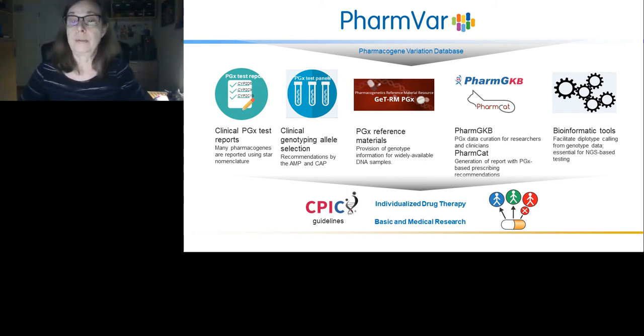And then, of course, the nomenclature is also used by bioinformatic tools to develop algorithms that can call these star alleles from testing materials. And all this together is, of course, instrumental to eventually inform CPIC guidelines. And as you will see, they are using PharmVar allele definitions, if existing, to inform the guidelines and the translation into phenotype.